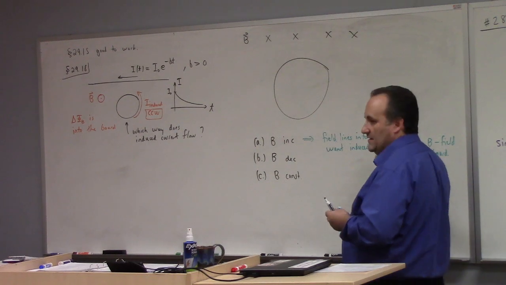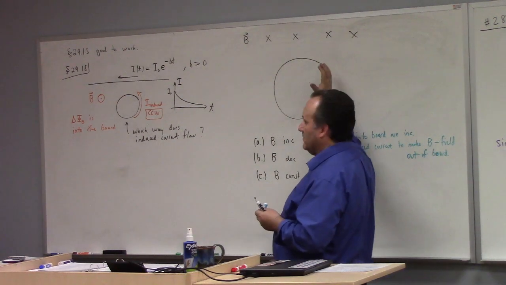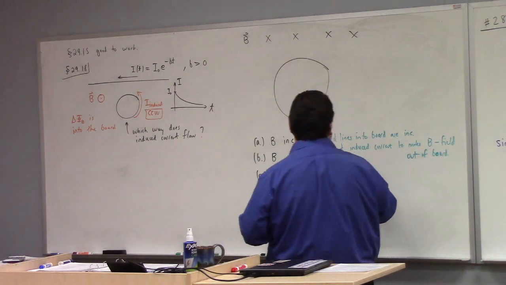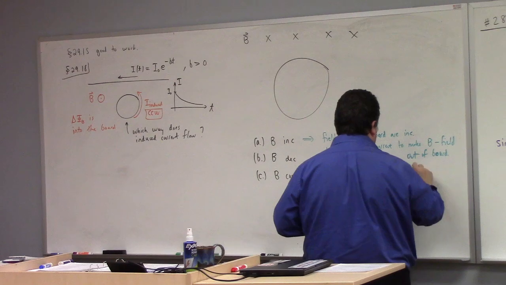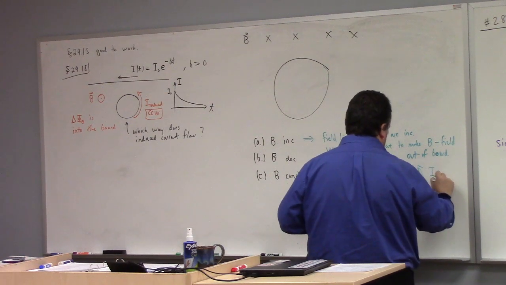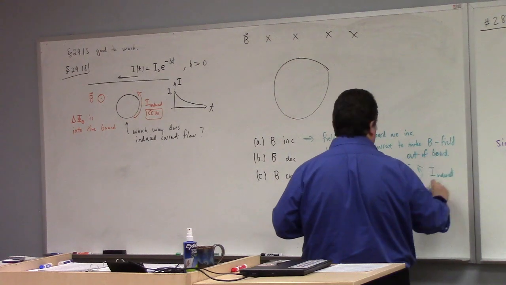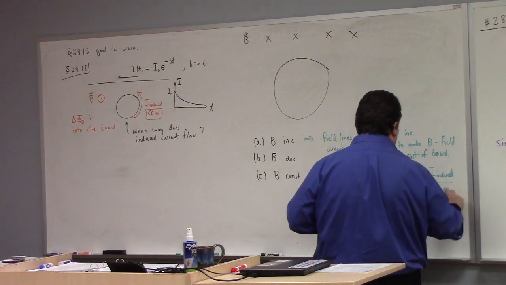If we want the magnetic field to go out of the board, by the right hand rule, it should be that way. So we want the induced current like this, also known as counterclockwise induced current.